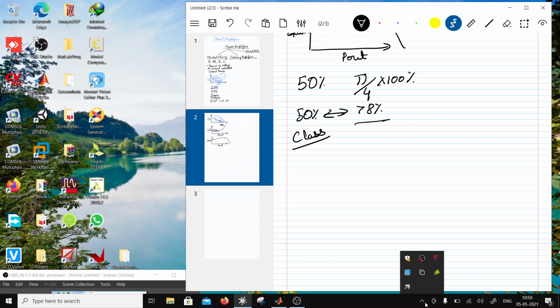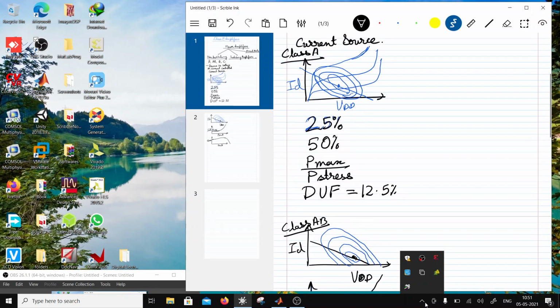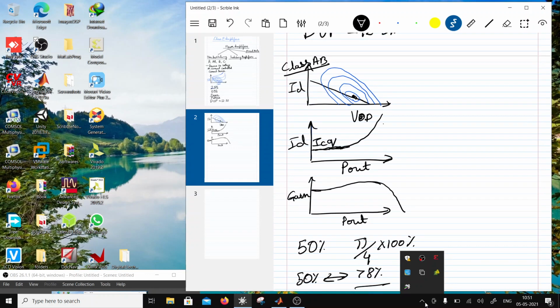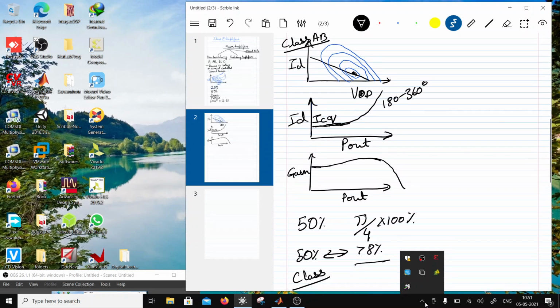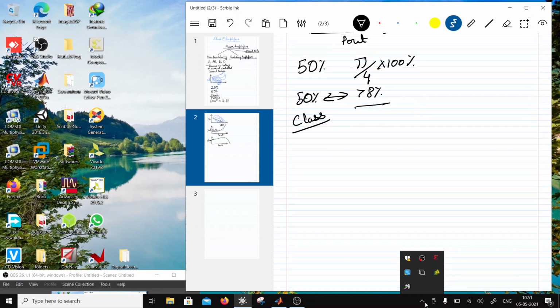If you were to compare in terms of conduction angle, here there is a 360 degree conduction angle. Over here there's going to be between 180 degrees and 360 degrees of conduction angle. This is AB. Now when you talk about class B, you have exactly 180 degrees of conduction. Efficiency ideally is going to be 78%.